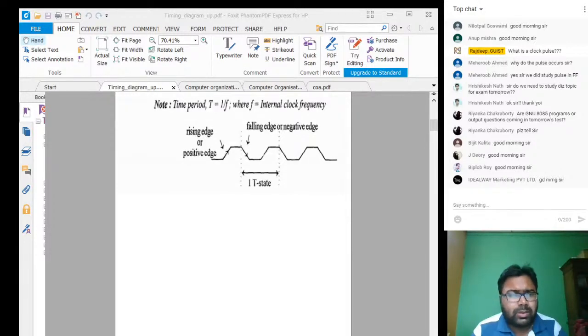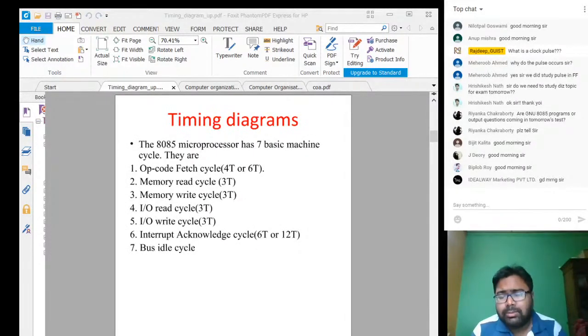So next, what do we have? Timing diagrams. 8085 has 7 basic machine cycles, and each operation has some fixed number of machine states.